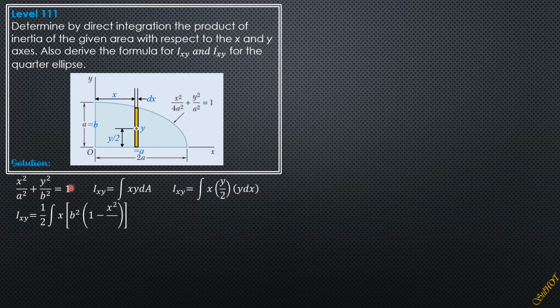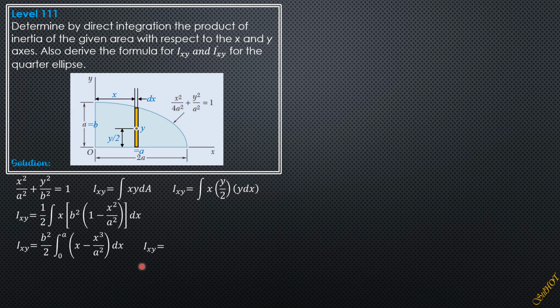From the equation, y square is b square quantity 1 minus x square over a square. Simplifying, Ixy equals b square over 2 integral from 0 to a of quantity x minus x cubed over a square, after we distribute x.